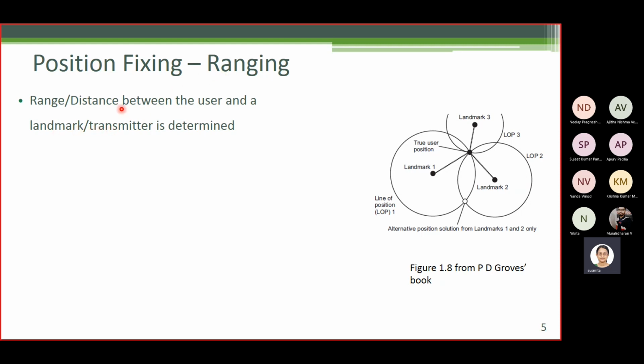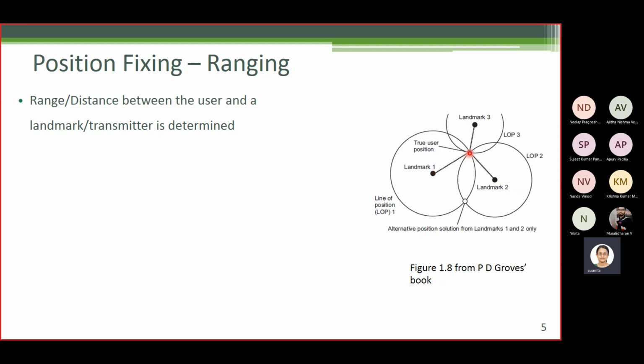So in case of ranging, we are interested in the distance between the user or receiver and the landmark or transmitter. Suppose in this case the transmitter is here and the user is here. He receives signals from the transmitter and finds the distance between him and the transmitter.